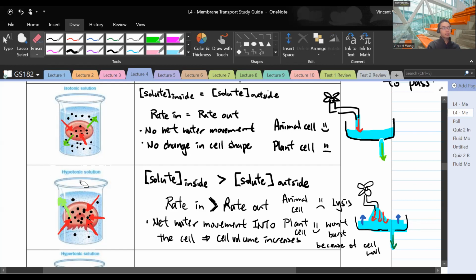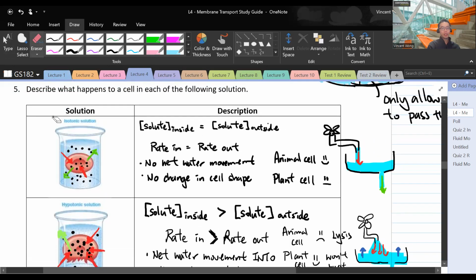For the hypotonic or the isotonic? The first one. The first one is isotonic. Then the solute is the same on the inside as it is outside.